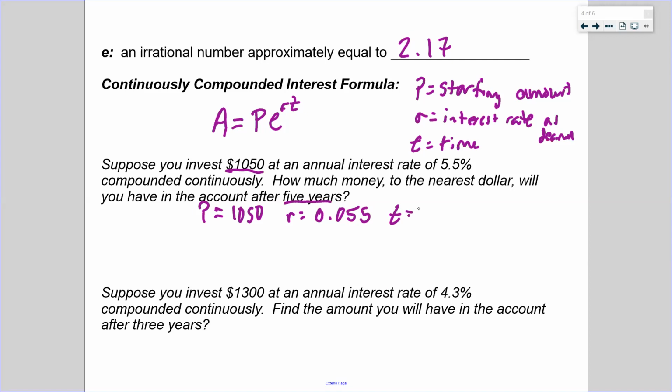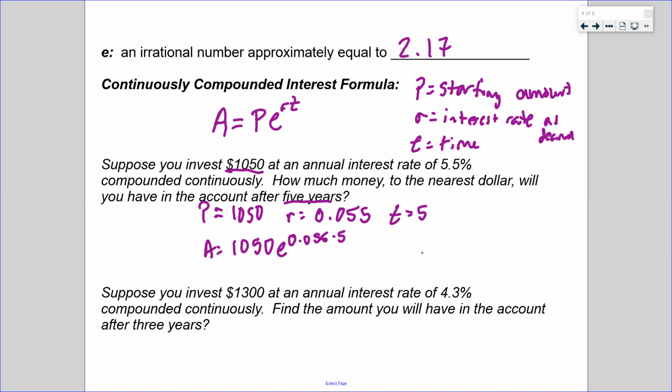So T is 5. So the only thing we don't know is A, because E is a value that you have on your calculator. I can show on a calculator in just a second. We're going to do this problem, and I'll show you on a calculator how we can do it. So A equals $1,050 times E to the 0.055 times 5 power.